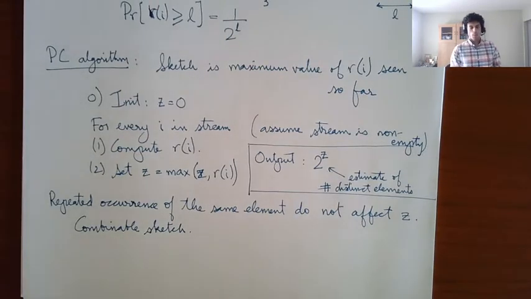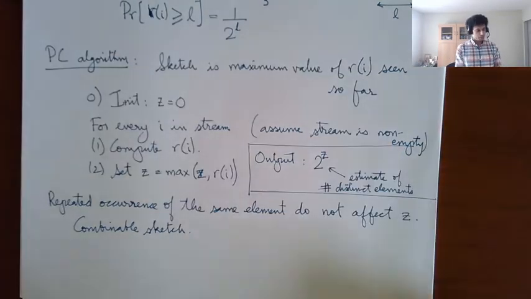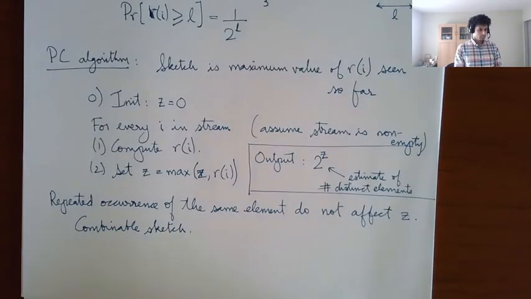Now, it's known that you can't improve on log. You can't go one step further. If you wanted to estimate the log, you could try to treat your stream as a stream of Ri values, and then potentially use that in some way.